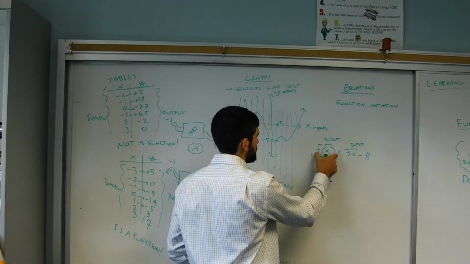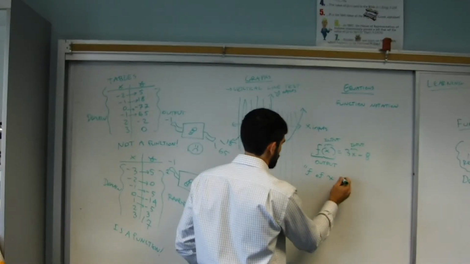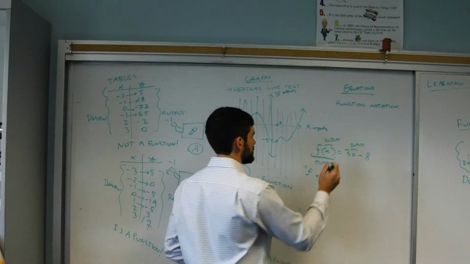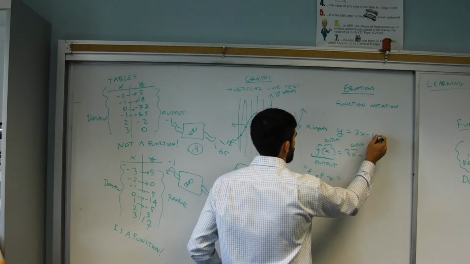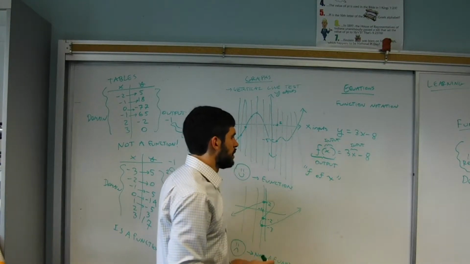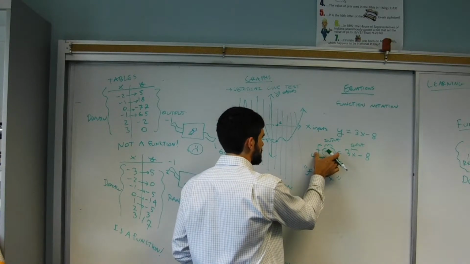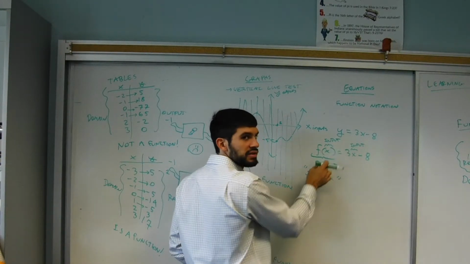We call this f of x. And f of x is its own entity. It's the same as saying we have y is equal to 3x minus 8. The only difference is that f of x allows us to clearly mark what our input is.